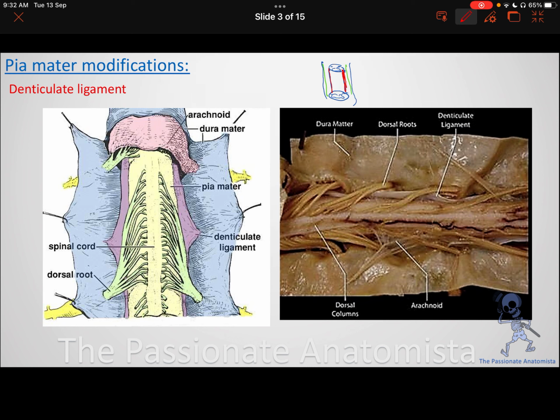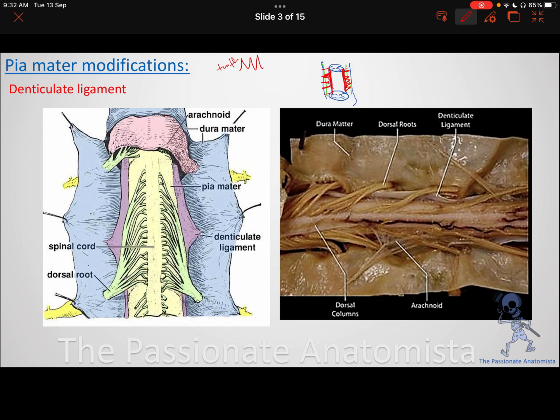It modifies itself in some places because we want to fix the spinal cord in the vertebral canal. Along the length of the spinal cord, you're going to see something called the denticulate ligament. It looks like dentin. You guys know dentin? It means tooth-like projections. So the denticulate ligament is actually a modification of the pia mater that attaches the spinal cord and fuses with the dura mater throughout the length of the spinal cord.